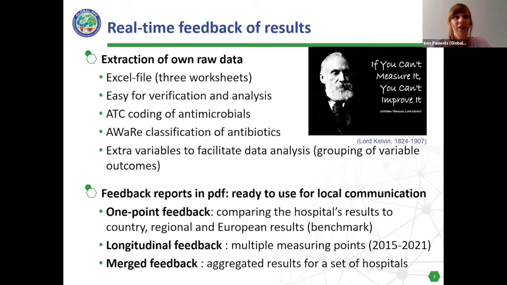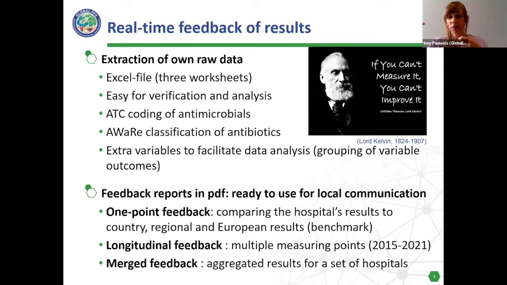But then, and I think this is also important to know, we have the feedback reports in PDF. So what happens here is that once you have entered all your data and validated the data, you can go online in the application, and then you can generate a report.